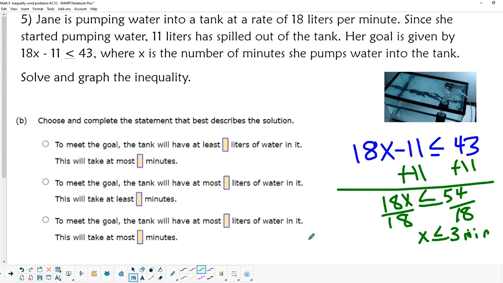So what does all of this mean then? Well, to meet the goal, the tank will have at most 43 liters of water in it, and it will take at most 3 minutes to get that amount of water in there. So this is the description of the inequality that best fits this particular situation.